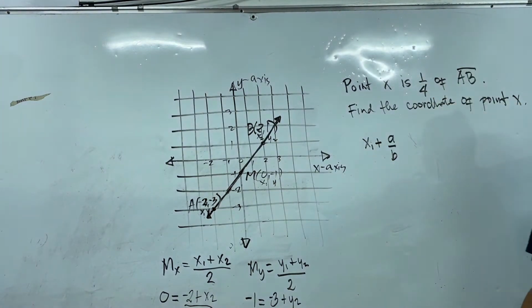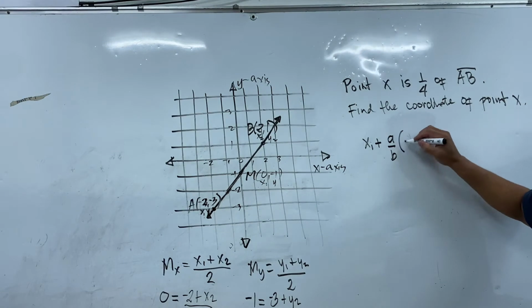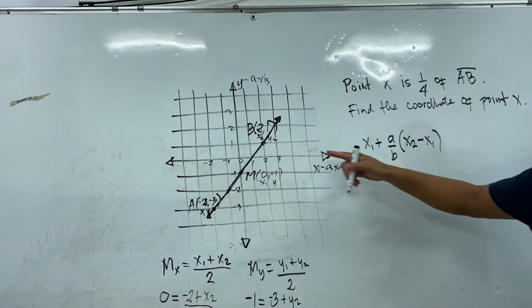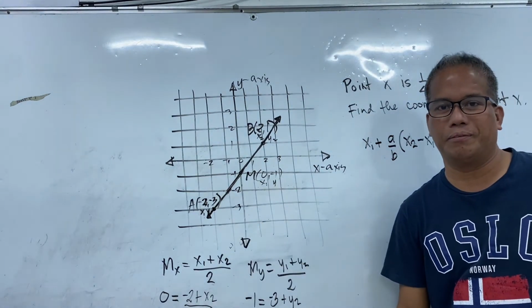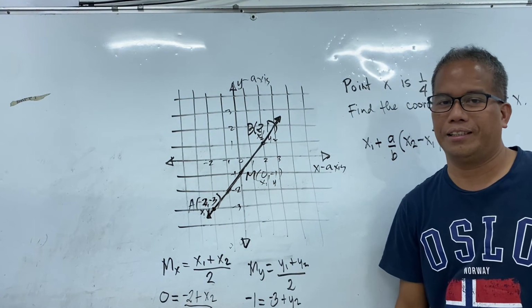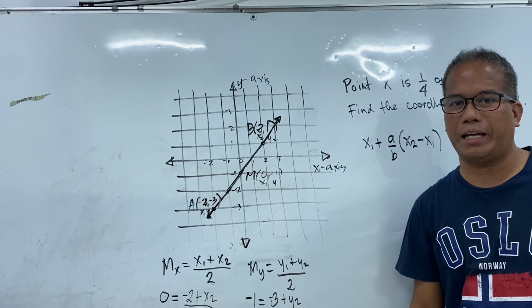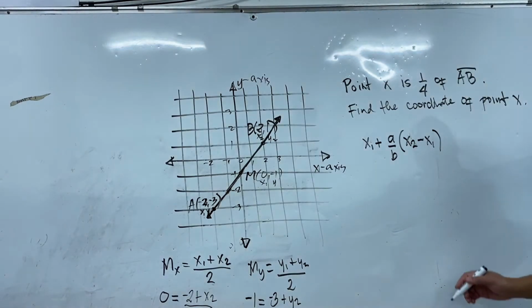So that is 1 over 4, then times X sub 2 minus X sub 1. That is the distance from B to A, segment AB or BA.